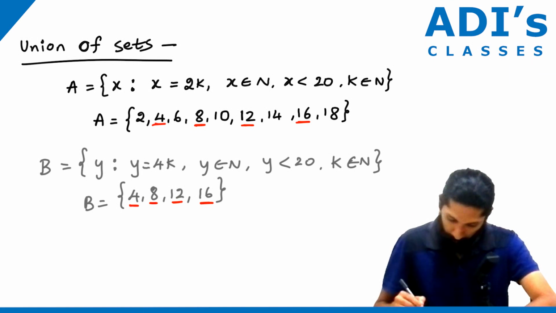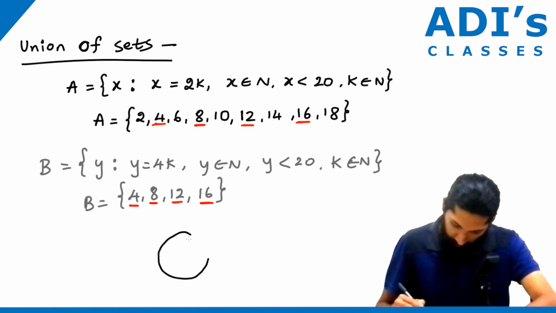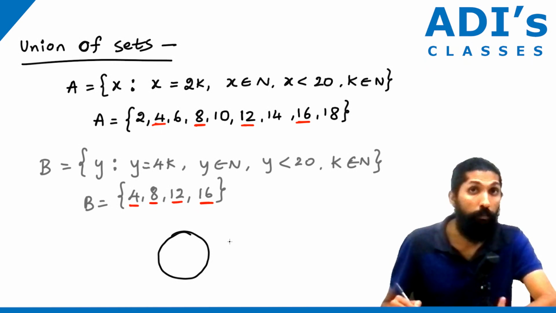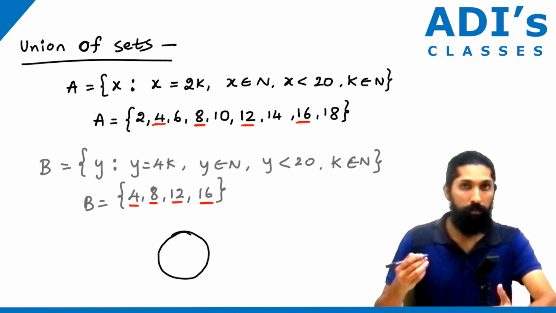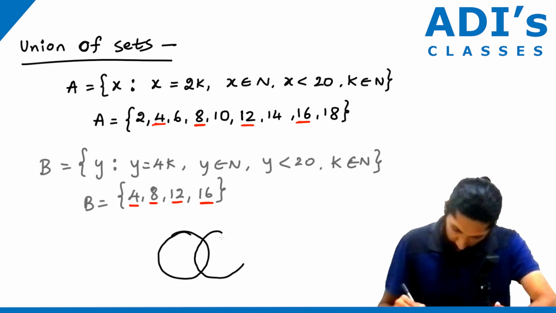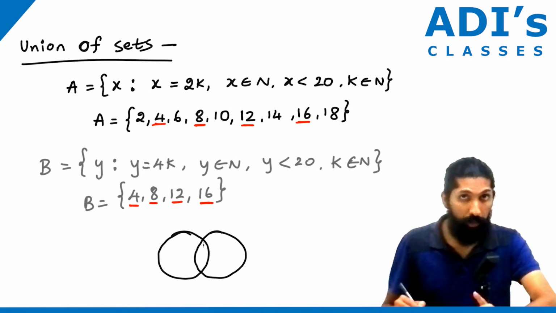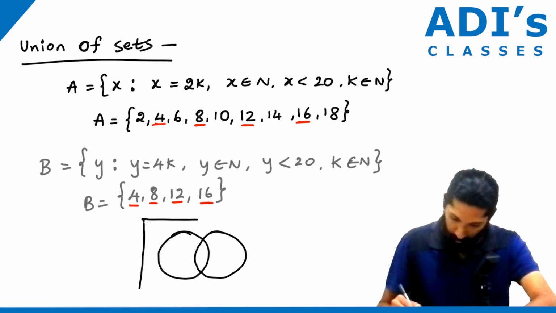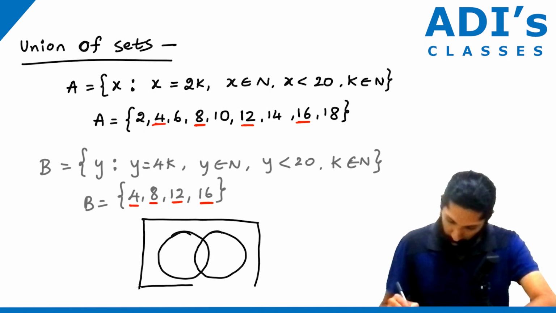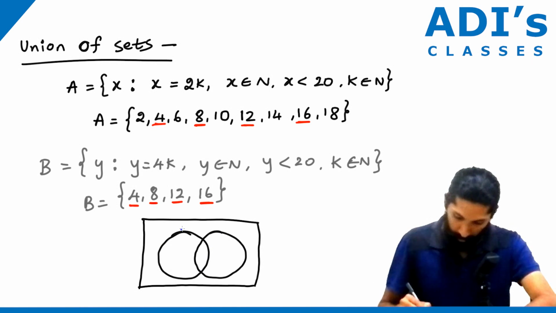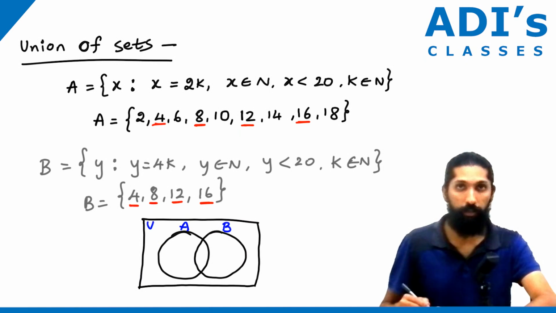So this is the first set. Between A and B there are certain common numbers, so we draw one more circle like this. The middle part is the common part. This is A, this is B.